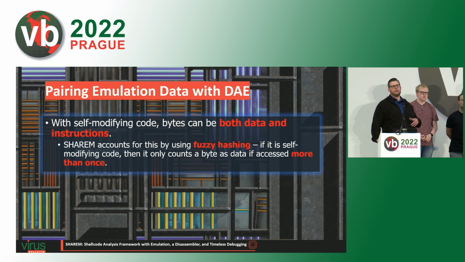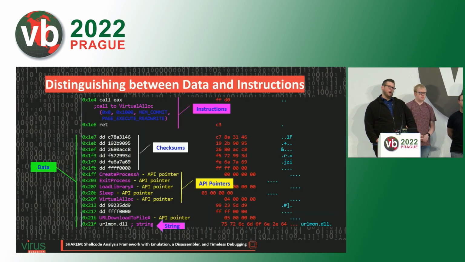So in that case, if we determine it's self-modifying, then we will only classify things as data if it's modified or accessed more than once. And so that solves that issue. And this one right here actually is encoded, but we see the decrypted form, and you can see clearly up on top, the instructions are clearly identified. We also see an API identified, and then down below, it's all data. Distinct types of data, and they are labeled correctly.